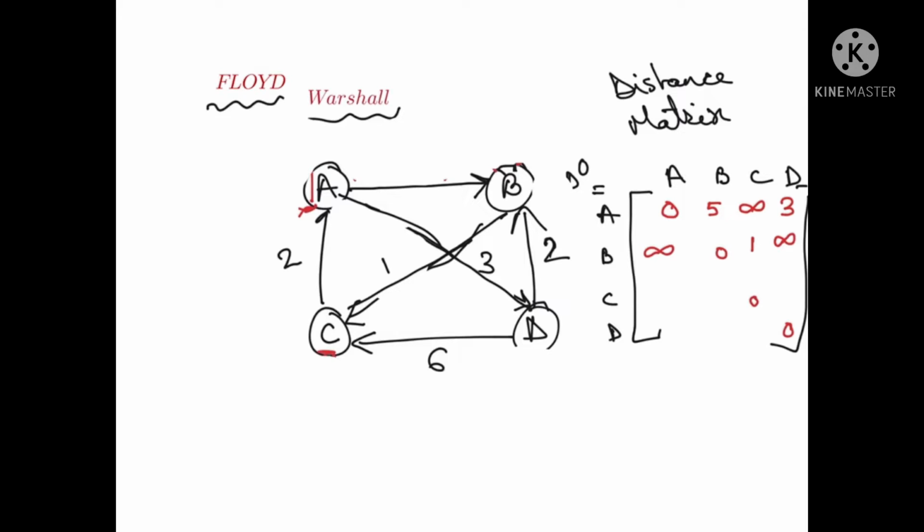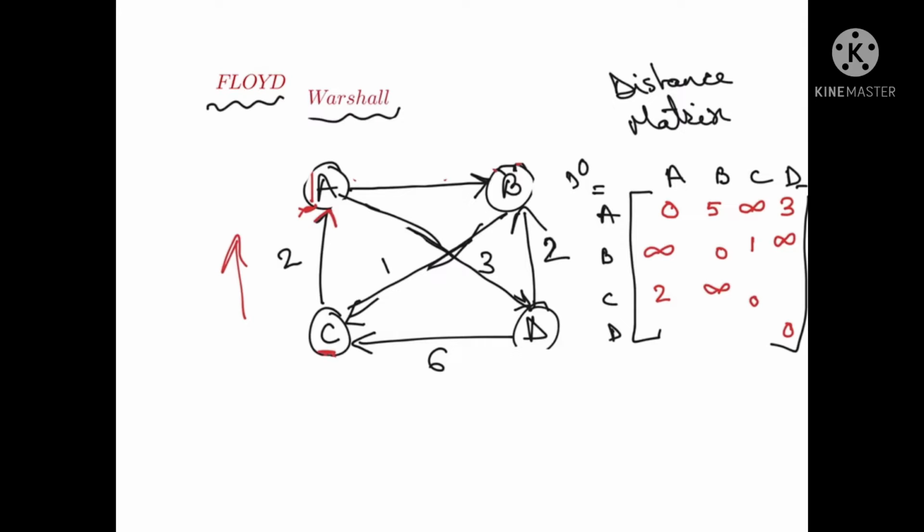Now let's start with C. C to A, do we have a direct path here? Yes, this is a direct path, so I will write 2. Then C to B. Can we go from C to B? No, it's not possible, so C to B will be infinity.